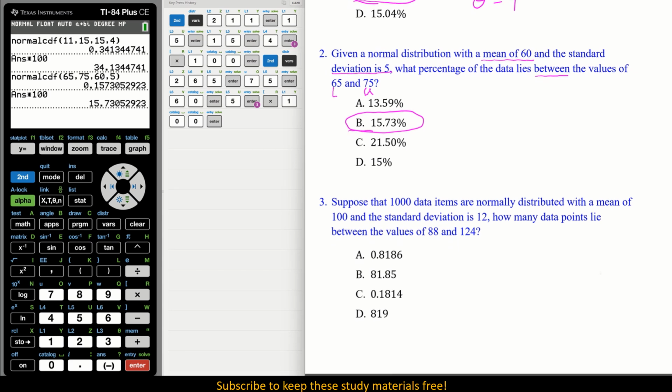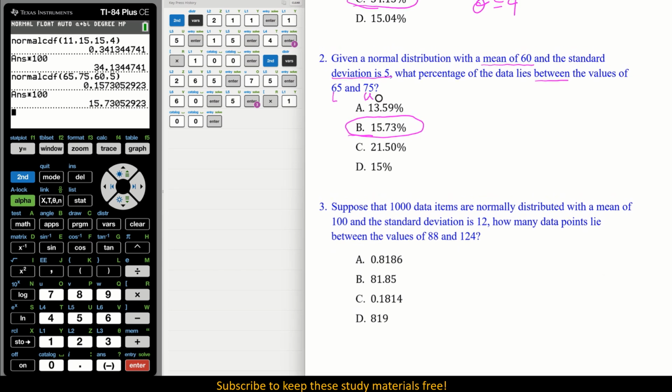For this one, our conditions do change slightly, so we just make our adjustment and answer the question. Suppose that 1,000 data items are normally distributed with a mean of 100 and a standard deviation of 12.